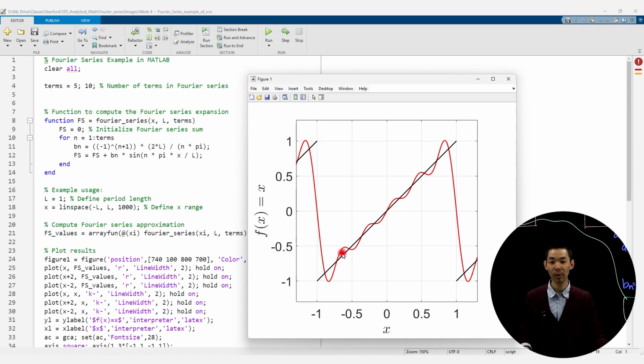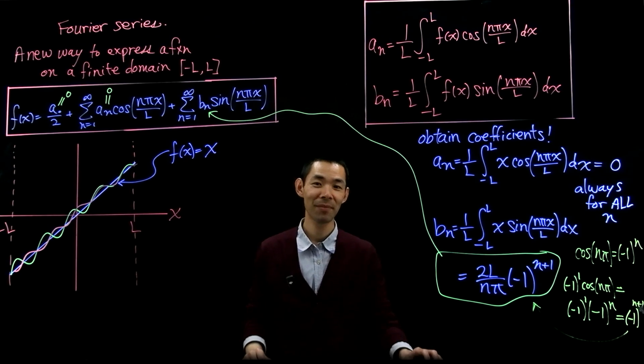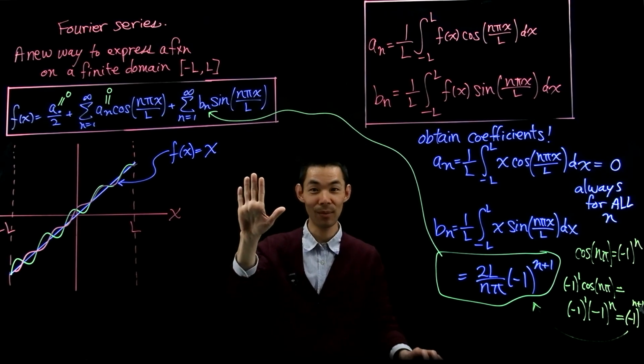You can see that this black line is the original function f of x is equal to x, the linear function. This red curve is our approximation of that function linear x, where we've taken 5 terms.